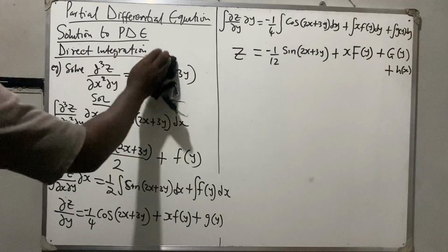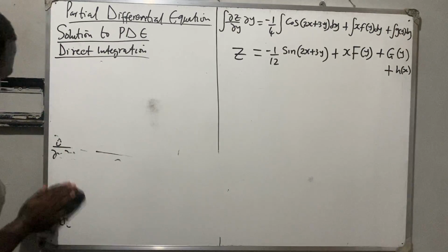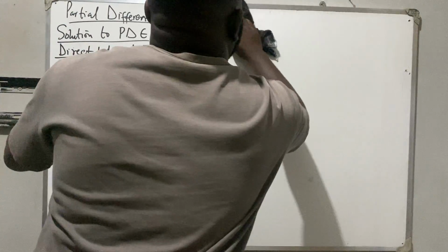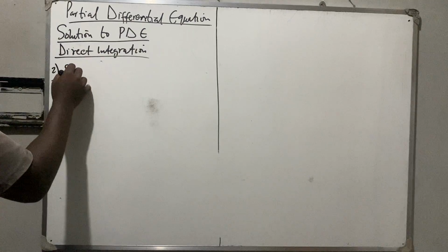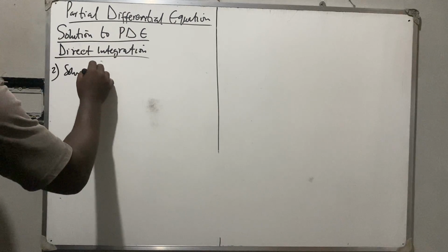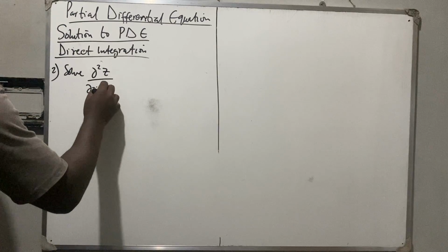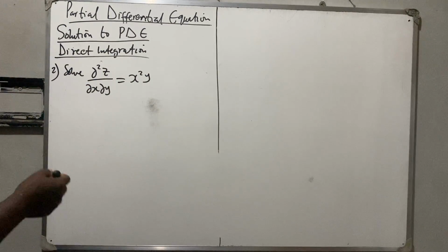So we'll take another question. Question number 2 said we should solve partial squared z over partial x partial y equals x squared y, by direct integration.